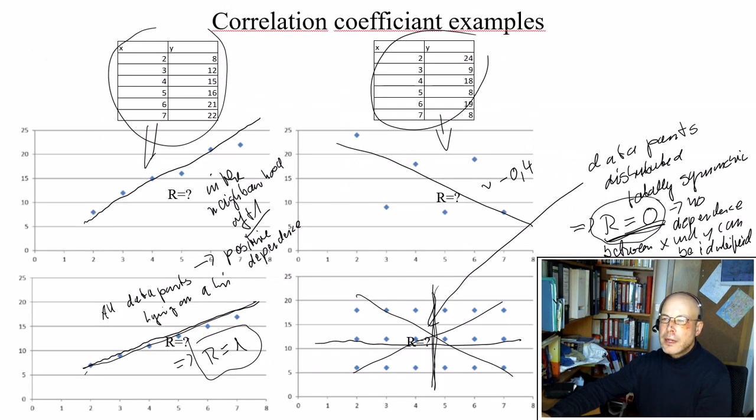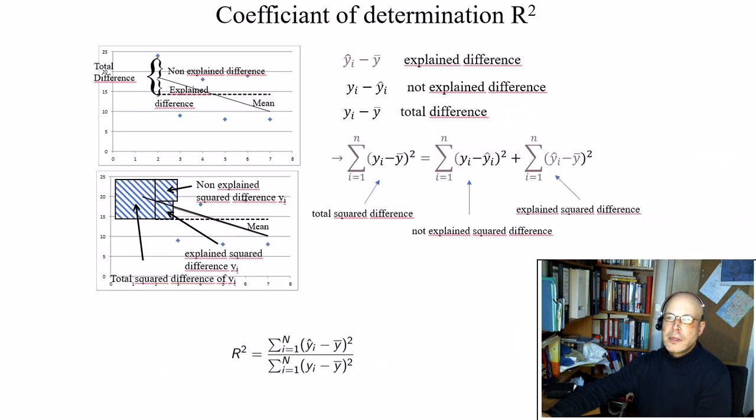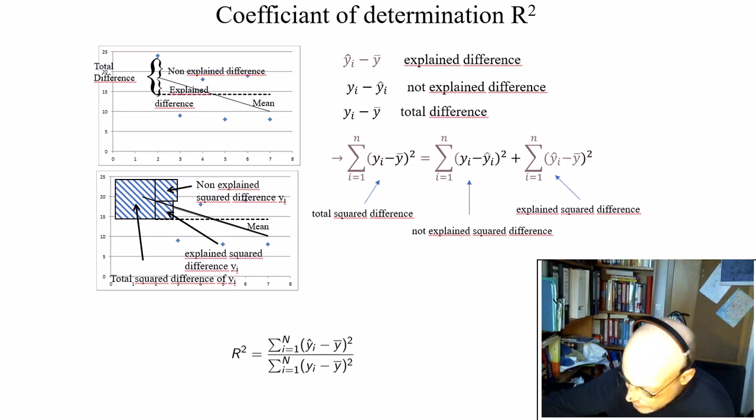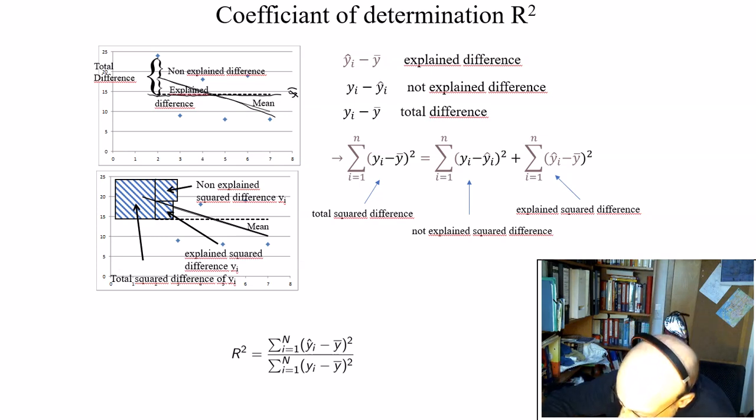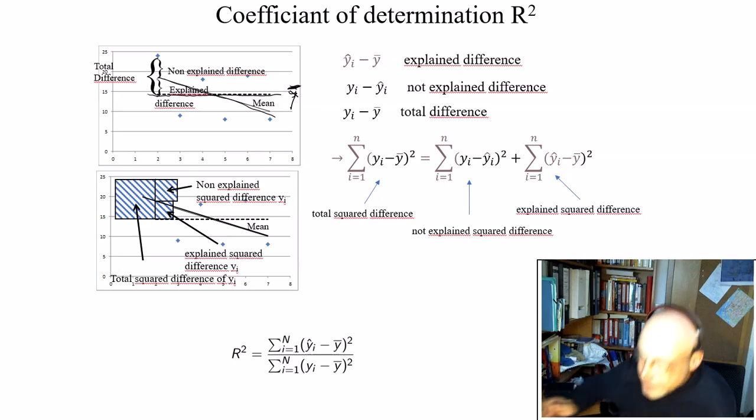This one I plotted in the upper left side, and this is the fitted line, and this would be the mean of the data, the dotted line. This is just y bar, sorry.